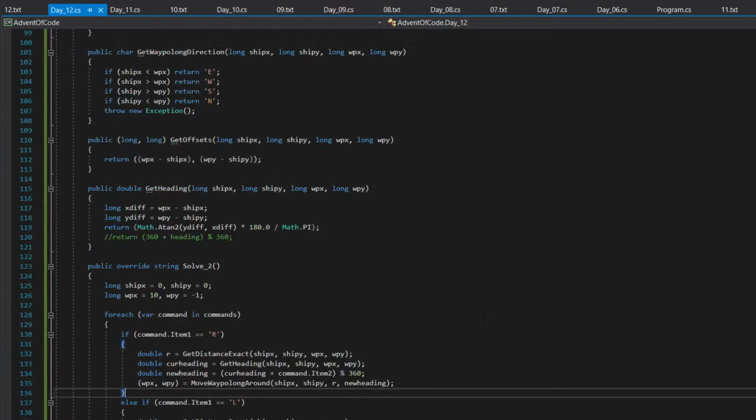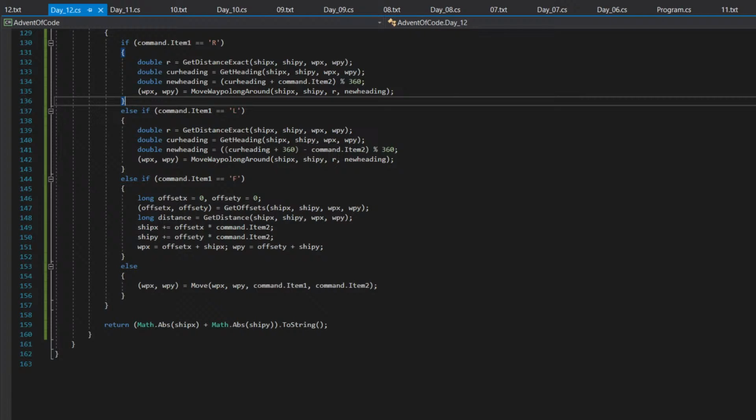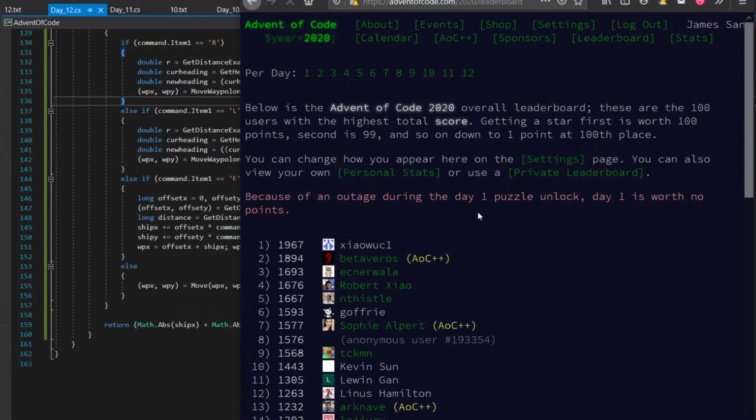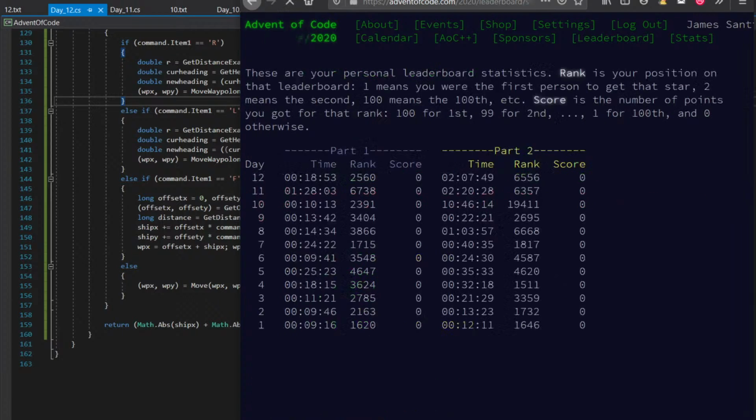For basic stuff like this, I probably shouldn't need to look it up. But yeah, here we are for day 12. We are moving our way down the leaderboard.